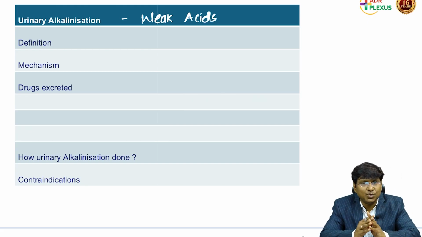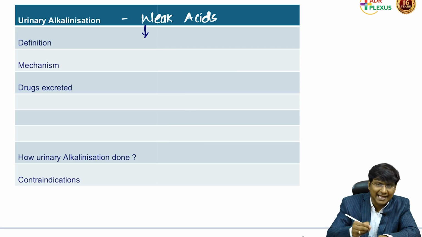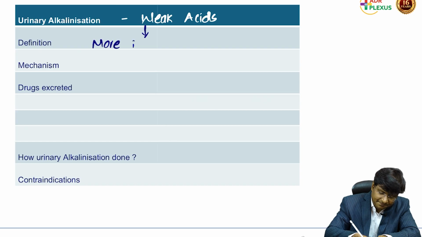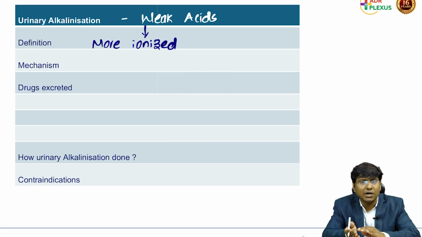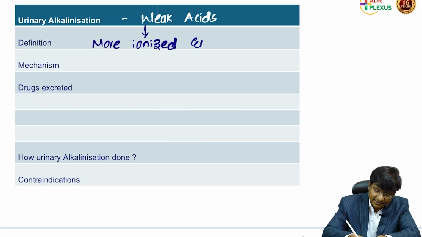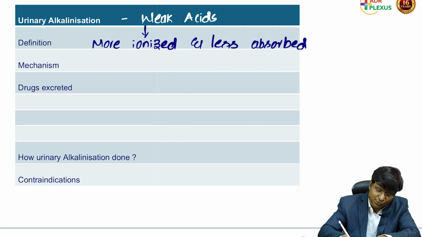And what exactly do you do here? By increasing the pH of the urine, these weak acids become more ionized and they are less absorbed across the renal tubule.